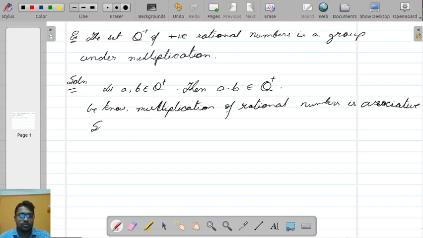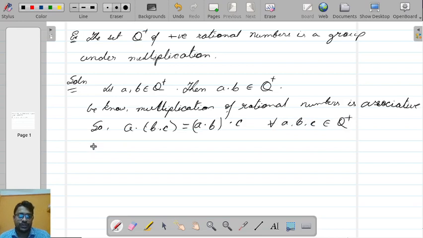So here please note that the operation, instead of denoting by star, we can denote by dot, because this represents multiplication. So A dot B dot C is equal to A dot B dot C for all A, B, C inside Q plus. Okay, the associative property is satisfied.